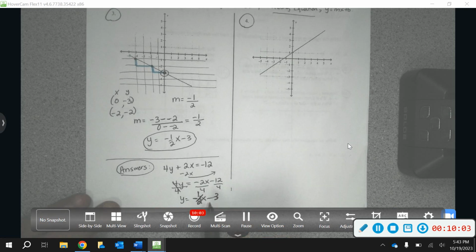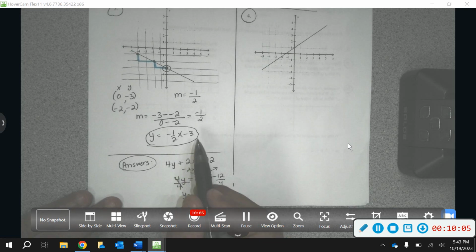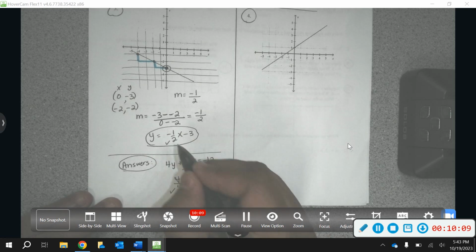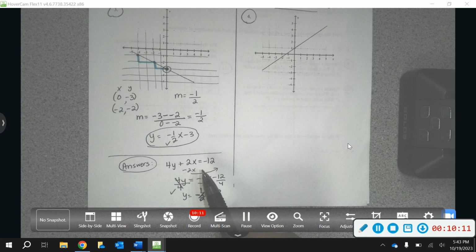I was looking ahead. Negative 1/2 x minus 3. And isn't that what I got right here? Yes, so this equation matches this equation. Now, if I'm looking at 4 answers that are in standard form, you're going to have to do this 4 different times to see which one actually gets my answer.